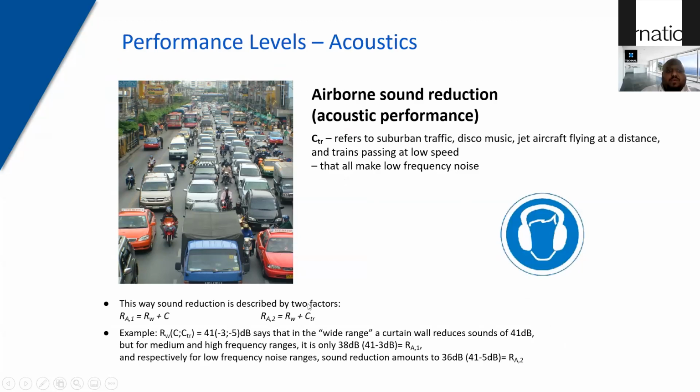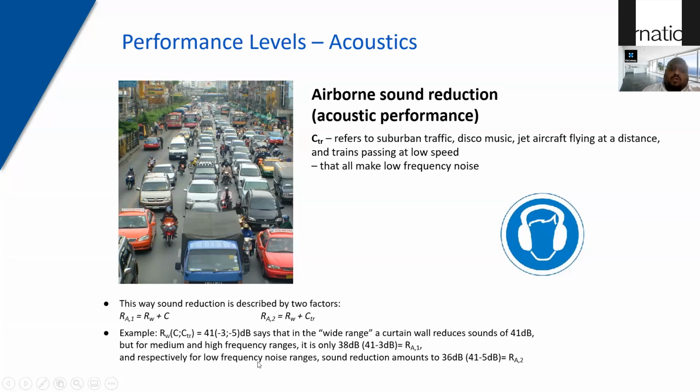So if you have a product which is 41 dB Rw, and if your supplier comes to you and says that my product is 41 (-3, -5), this means that for medium and high frequency ranges, it is 41 - 3, which is 38 dB. That is your actual sound reduction.